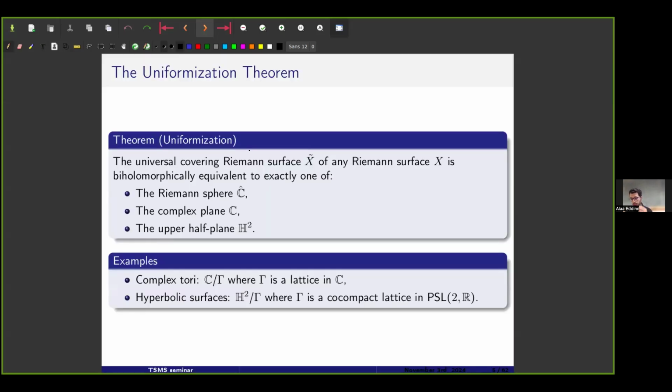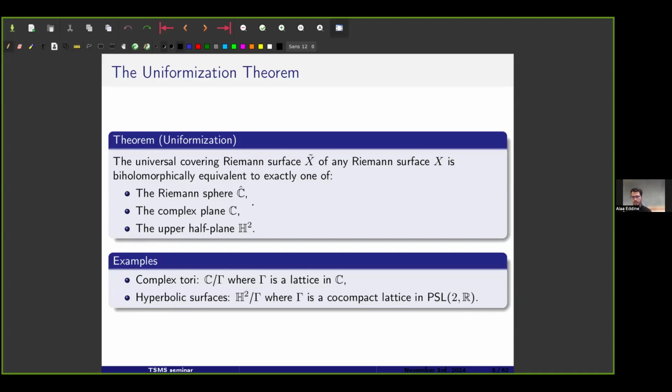So the uniformization theorem tells us that the universal covering Riemann surface of any Riemann surface is biholomorphically equivalent to one of these examples.